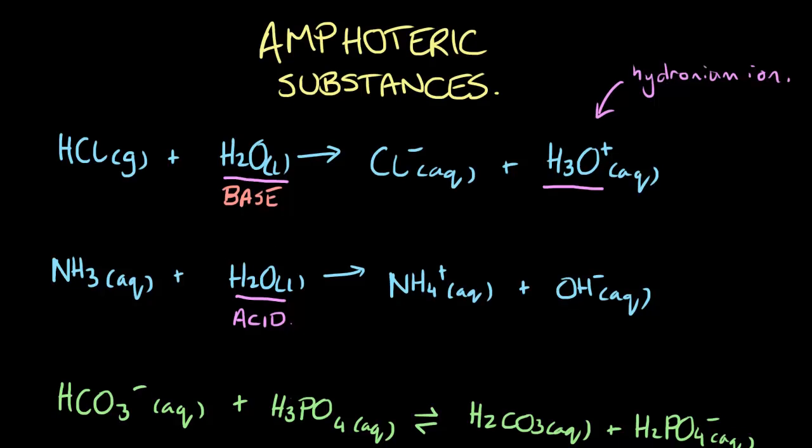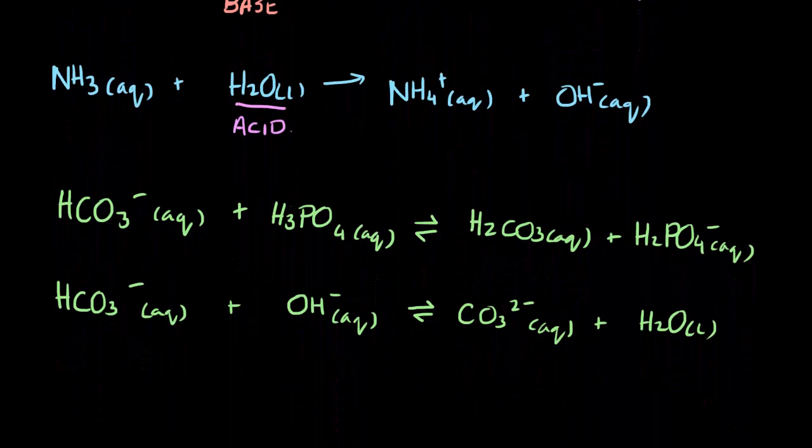Another example of an amphoteric substance is the hydrogen carbonate ion. In this first equation, HCO3- has gained a proton when it turned into H2CO3. So therefore this substance is a proton acceptor, which is a base. In the second equation, the HCO3- has been mixed with hydroxide.